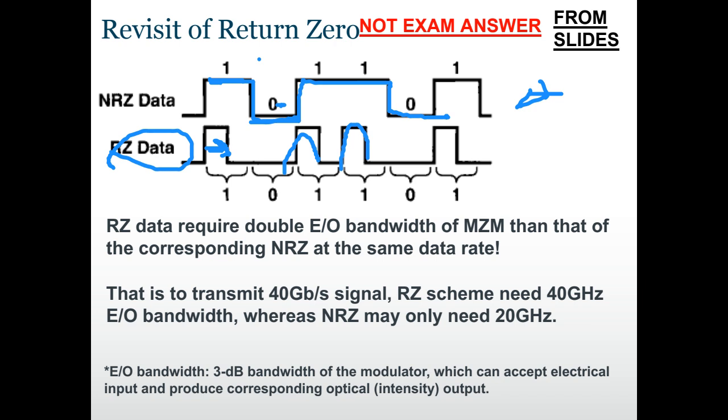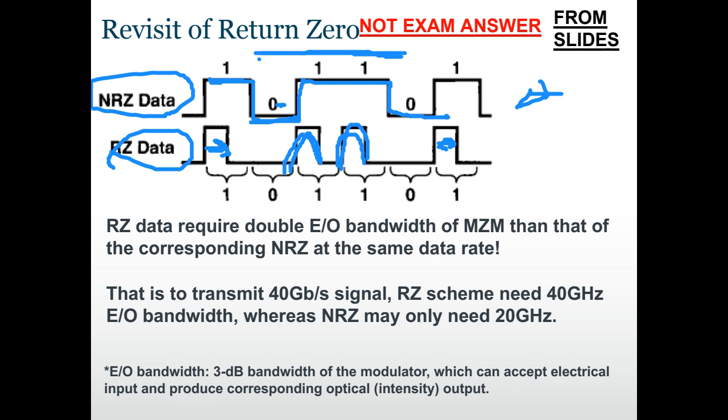Otherwise, if you transmit a lot of zeros for non-return to zero, the receiver wouldn't know for sure if a long period of off is the transmitter being completely switched off, or the transmitter is transmitting zero. So by creating more pulses, the receiver can do synchronization better. But the disadvantage is that we reduce the symbol period by half. This means in frequency domain, we double the spectrum.